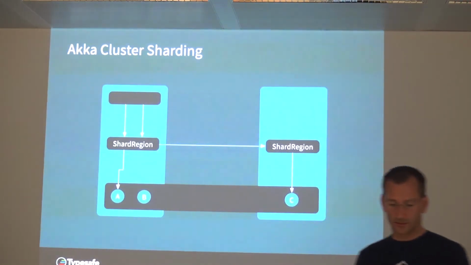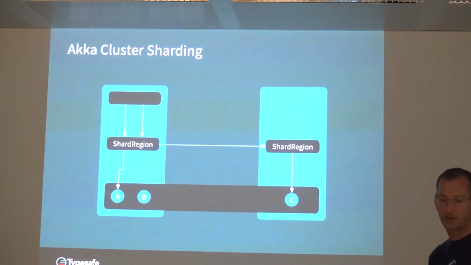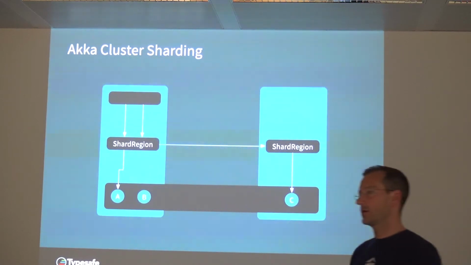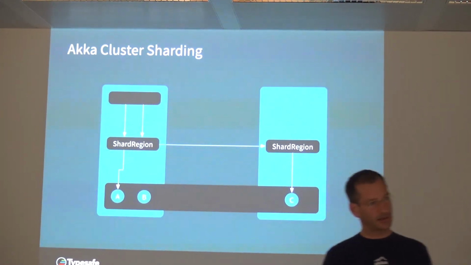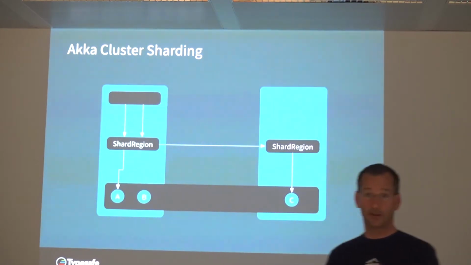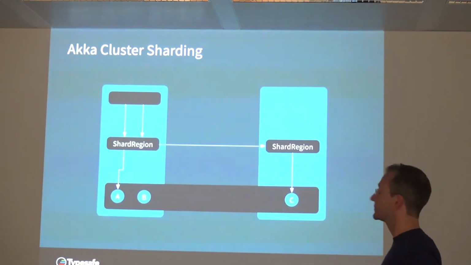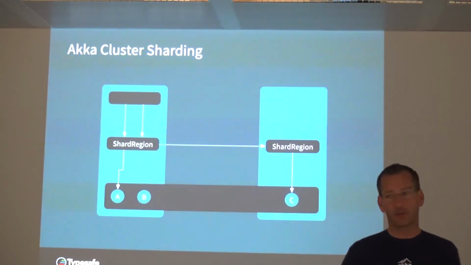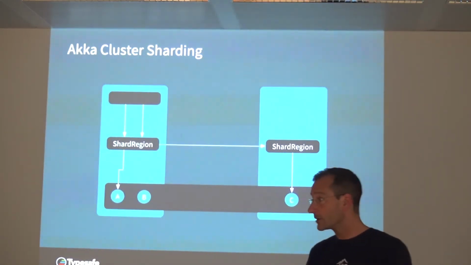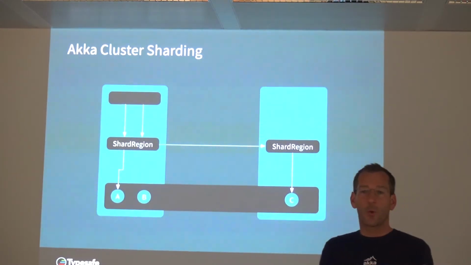So again, how does it work? Well, if you want to talk to an actor which is sharded, and we call these actors entities, they can be identified by an ID, we need to talk to them via the shard region actor. The shard region actor is an API from cluster sharding. Because we no longer know where the actor is, we don't have an actor ref.